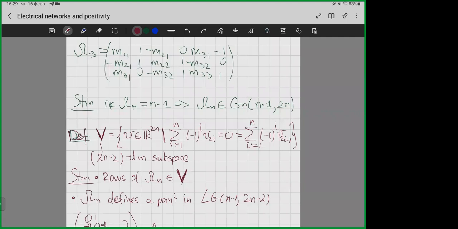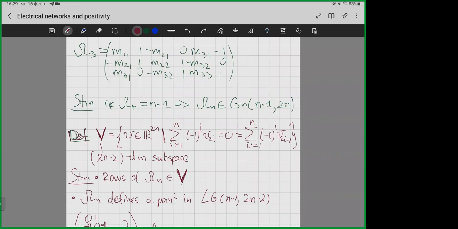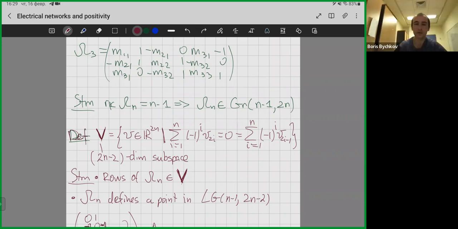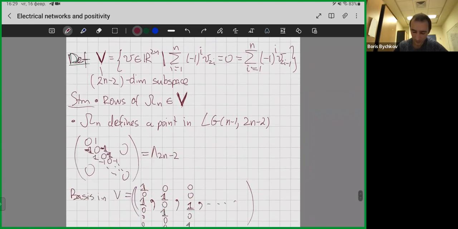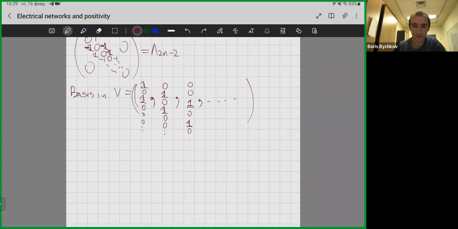No chance to catch planarity. And now we turn to positivity, and there is the following statement.